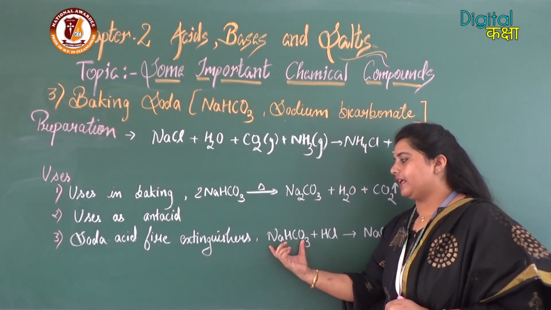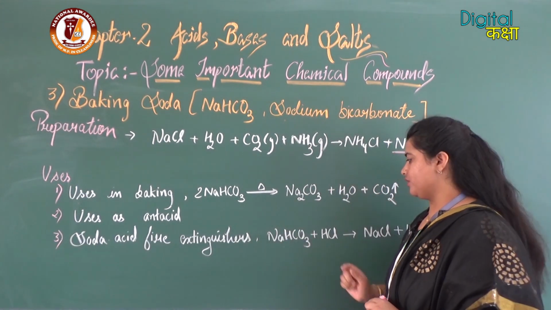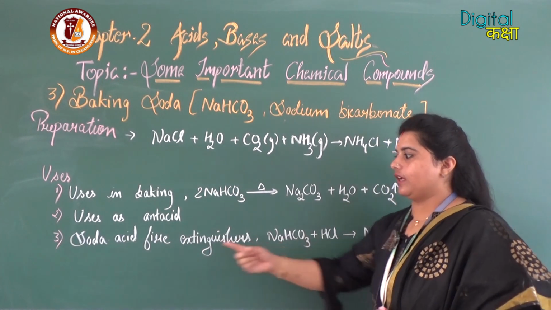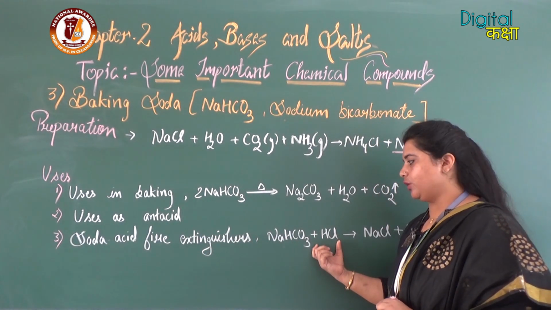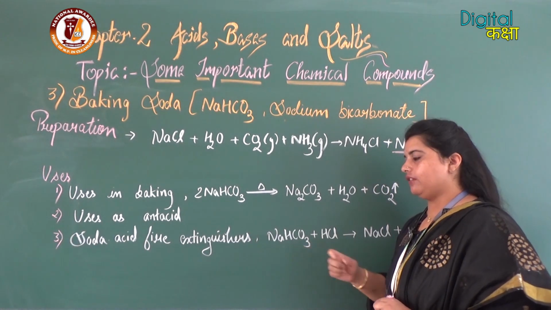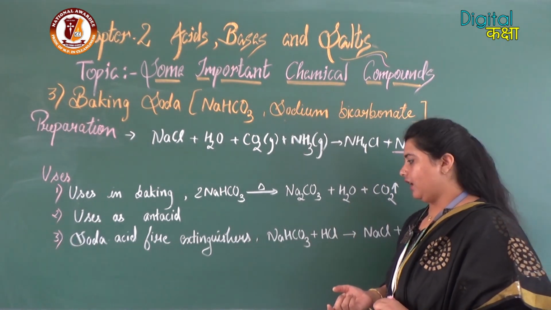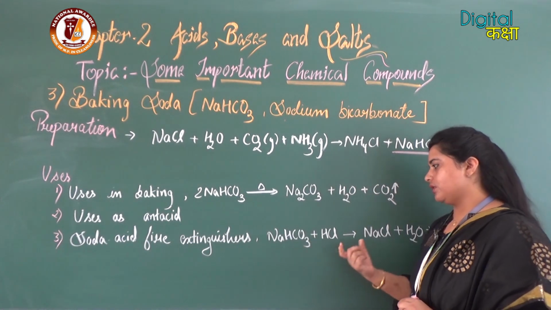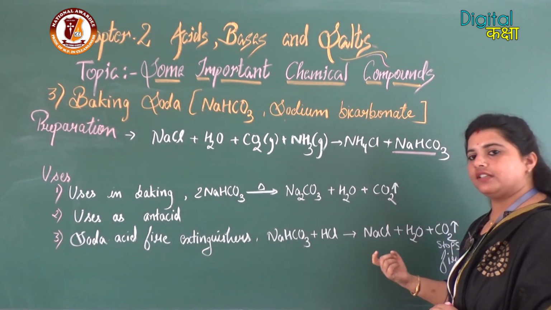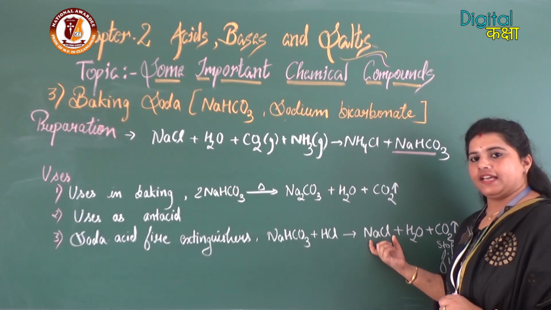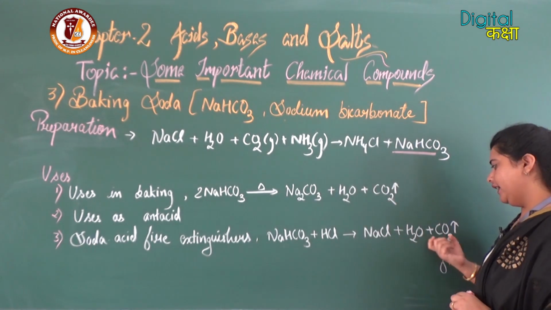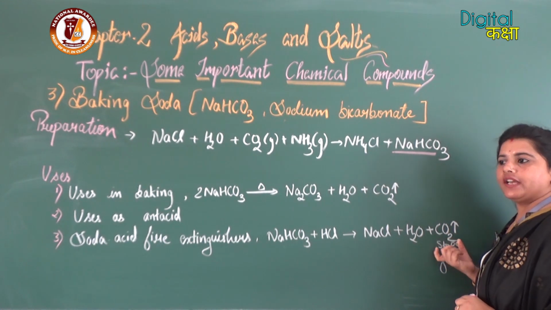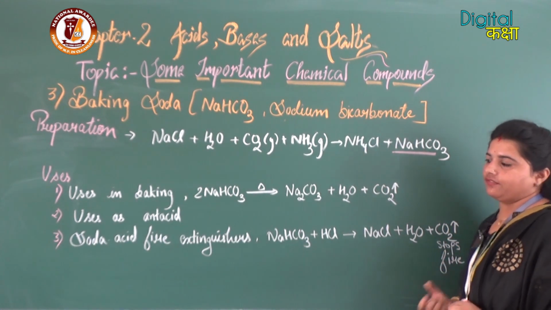The baking soda present in the extinguishers combines with acid in the bottles of fire extinguishers. When these two combine, we take the pin out and the gas comes out. These two combine together and we get a white ash, that is sodium chloride, along with water and CO2 gas. The CO2 gas which is produced stops the fire.